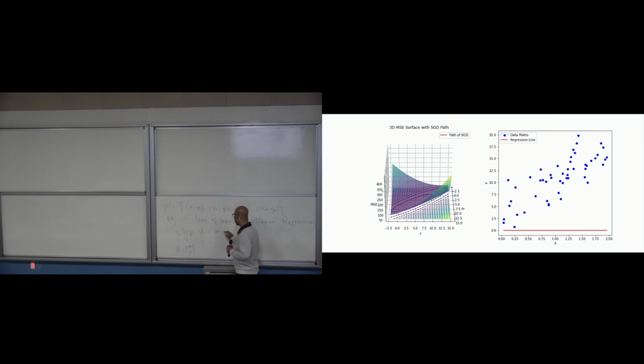So this is y equals mx plus c. Alpha is a stack comprising m and c, the slope and the y-intercept, and we want to find that value of m and that value of c that defines the line of best fit that passes through the data points. And how did we proceed?